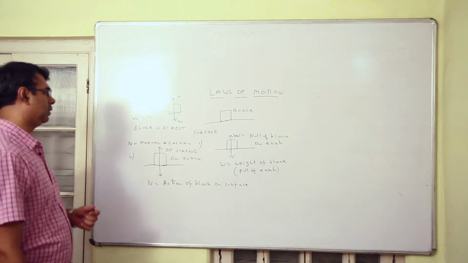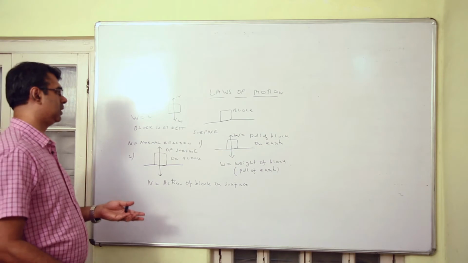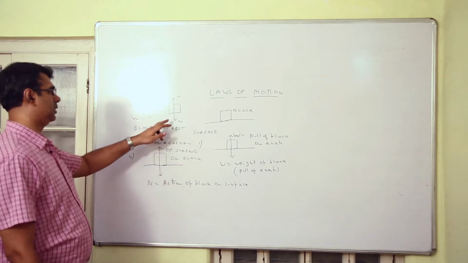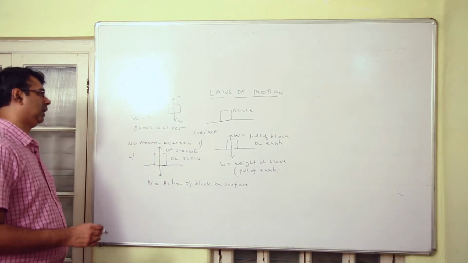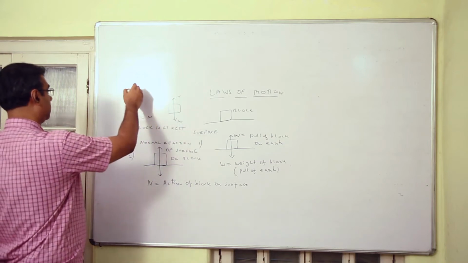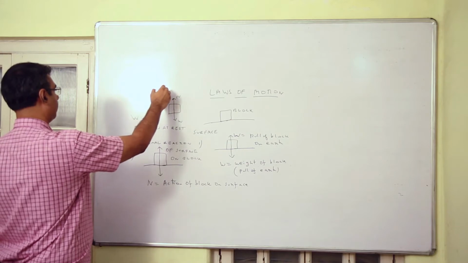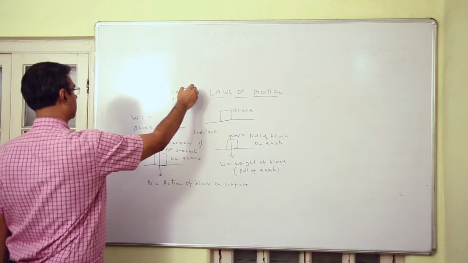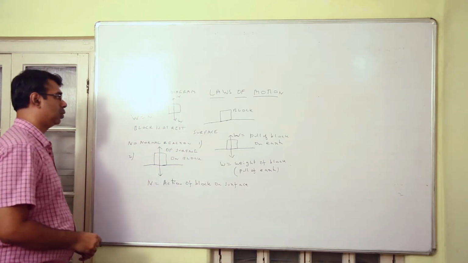In fact, according to Newton's second law, if a body is at rest, that means the net force is 0. So you can see this block is at rest, so the net force has to be 0, and W and N have to be equal and opposite. Now, when you draw a diagram like this, it is called a free body diagram. What does a free body diagram do?